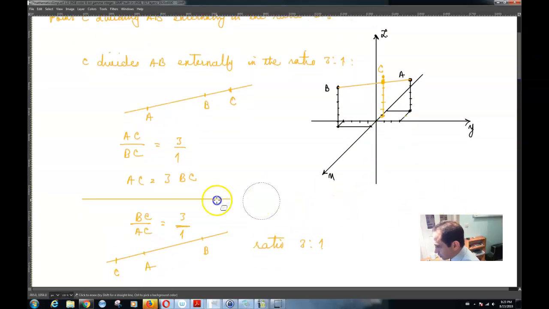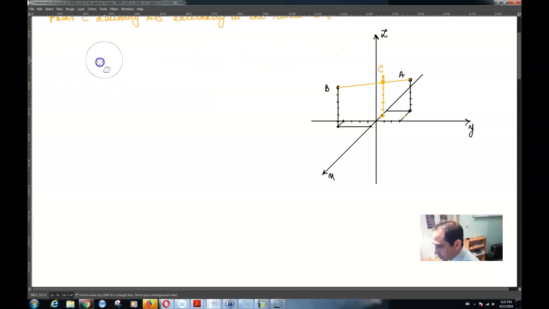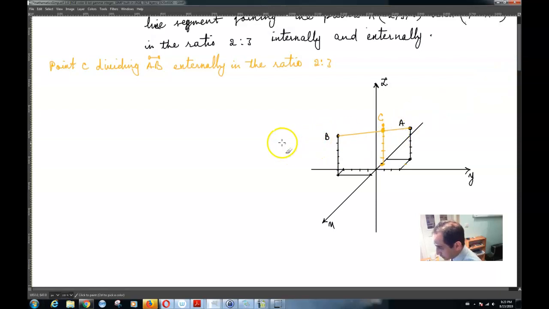So now, since my line segment over here is something like B and A, when I say point C divides AB externally in the ratio 2 to 3, what that means is that C is going to end up either here or over here. Now that's what we will find out.